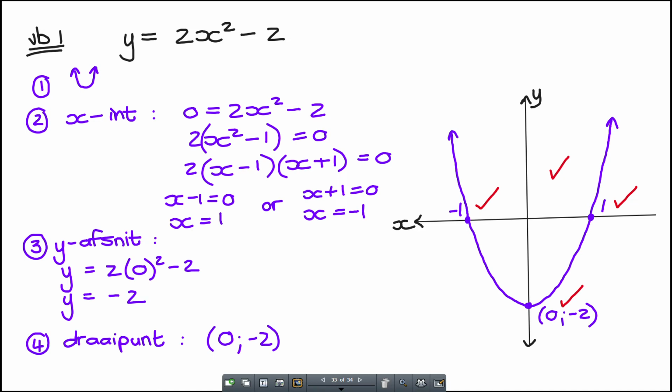Dink julle kan enetjie self probeer? So die enigste moeilike deel, voel dit vir my, is hierdie. Maar dit het jy eintlik al so baie geoefen hierdie jaar en verlede jaar, nee? When you've got to solve x.